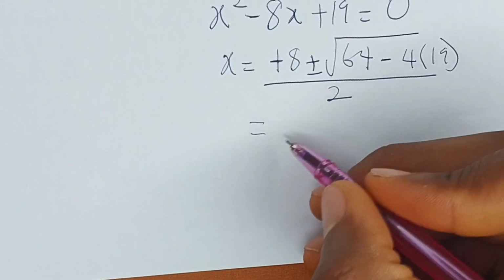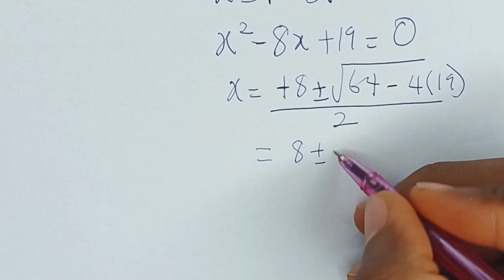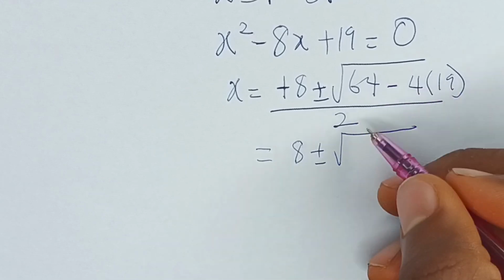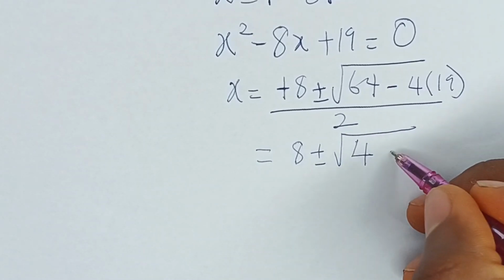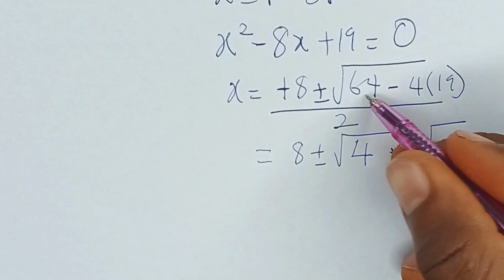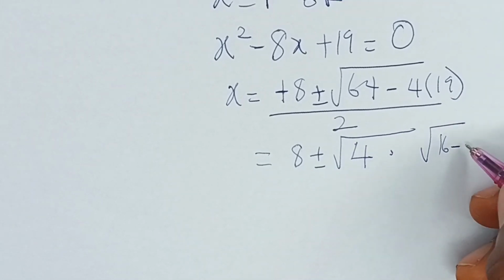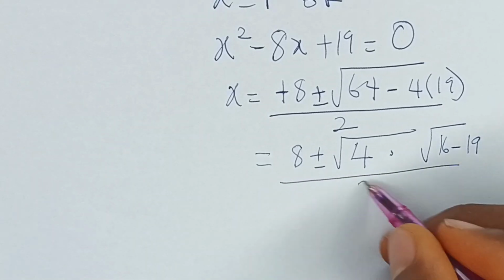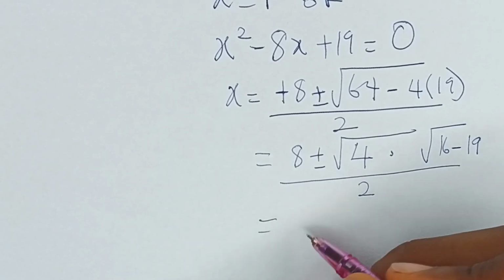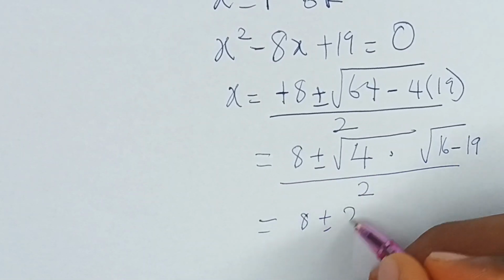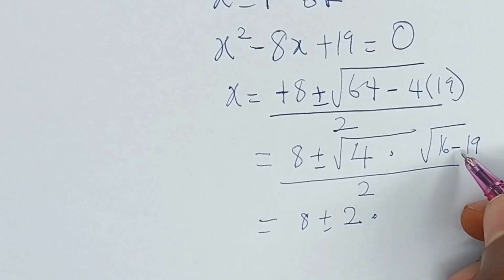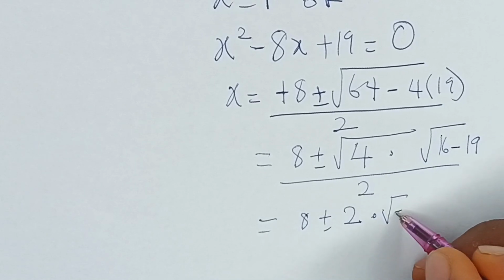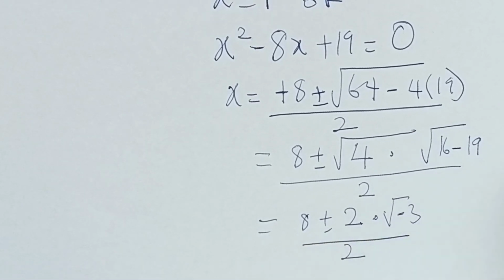This becomes 8 plus or minus the square root of, factoring out 4, the square root of 4 multiplied by the square root of 16 minus 19, all over 2. This becomes 8 plus or minus the square root of 4, which is 2, multiplied by the root of 16 minus 19, which is the root of negative 3, all over 2.